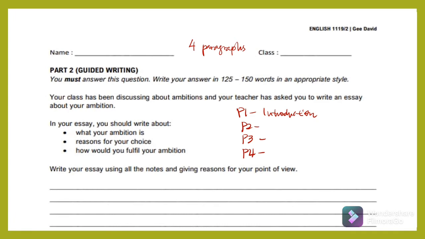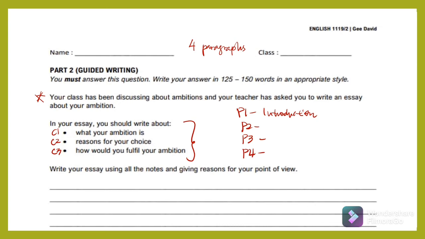Now let's refer to the question again and pay attention to the stimulus given. There are 3 content points given here, right? And you have to remember, you have to use all 3 points in your essay, and you have to elaborate on them as well.